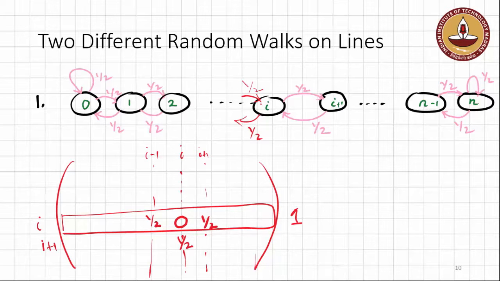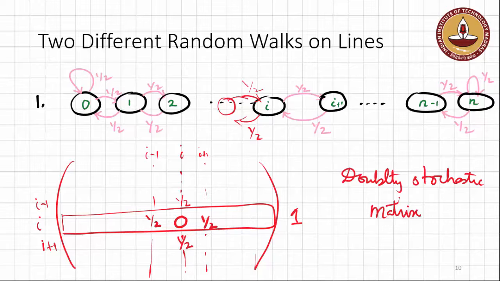And from I minus 1, you can also move in with the probability half. So again, if you look at the columns, the probabilities add up to 1. So what we have here is a doubly stochastic matrix, which immediately should tell you that the stationary distribution is the uniform distribution.